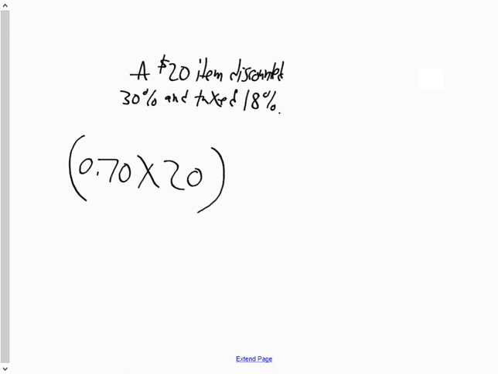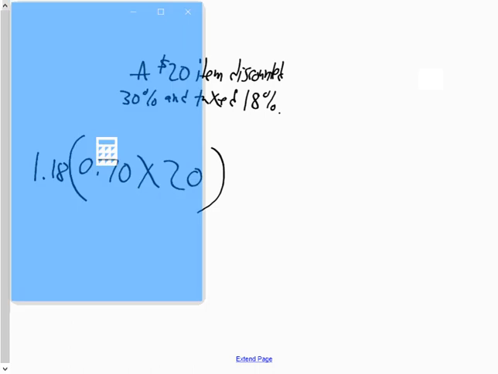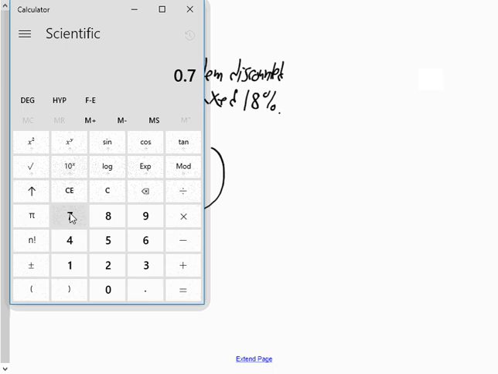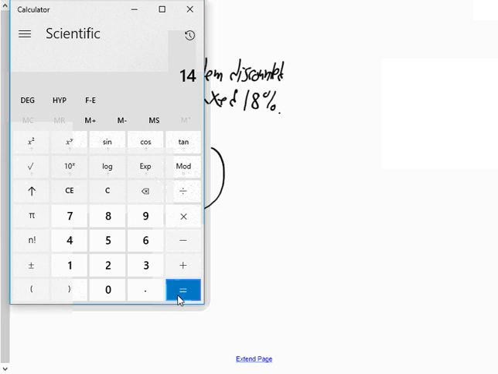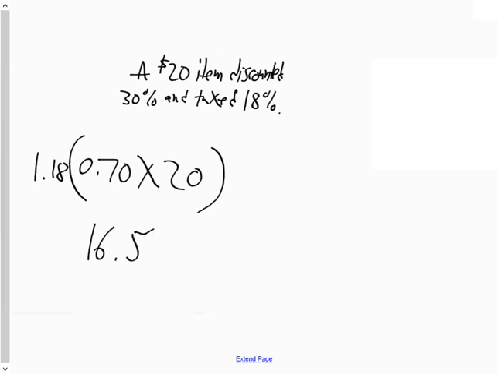To be taxed by 18%, if I multiply it by 1, I would have the discounted price, and an additional 18%, so I would multiply it by 1.18. Therefore, 0.7, 70% of $20 is $14, multiplied by 1.18. The answer is $16.52. Now, the levels of work you might have for that are very different. If they have work at all, give them the mark for it. If they have no work, they get no mark for their work, but the answer is 16.52. So that question is worth 2 points.